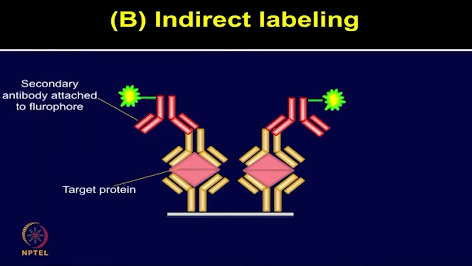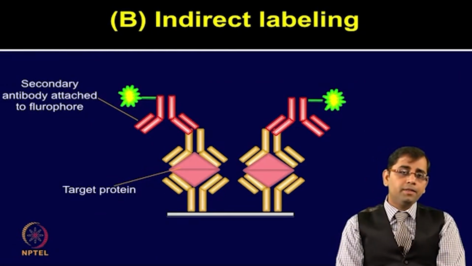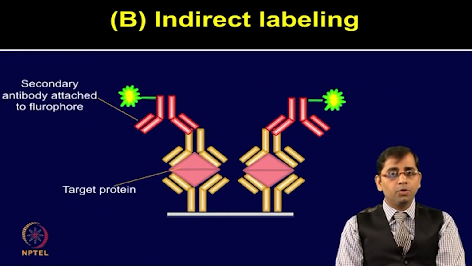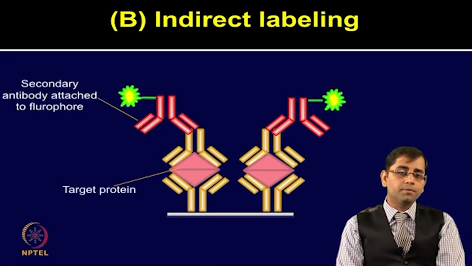We will now discuss indirect labeling. In the indirect labeling method, the unlabeled target molecules are captured by antibodies which are immobilized on the microarray surface. Detection is carried out by a secondary antibody which is attached to a fluorophore molecule.